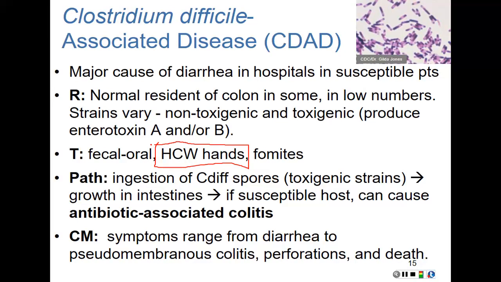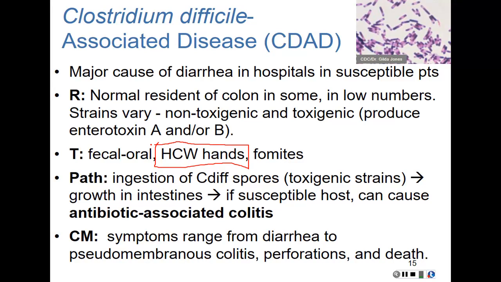So let's say that there's a patient with C. diff, and this patient has the toxigenic strain. Let's say I'm a person who doesn't even carry C. diff as my normal microbiota. Okay, and then I'm now, through a healthcare worker, maybe through fomites, getting contact with spores from this toxigenic strain.